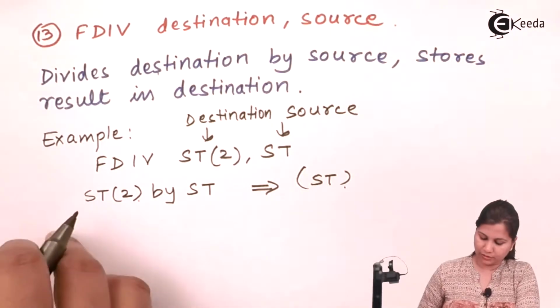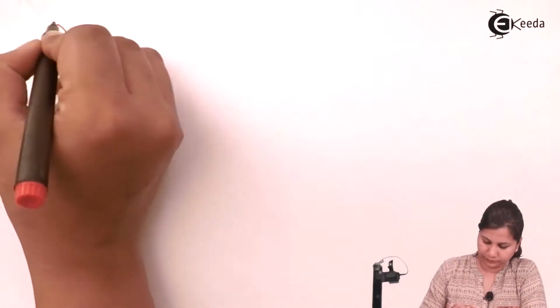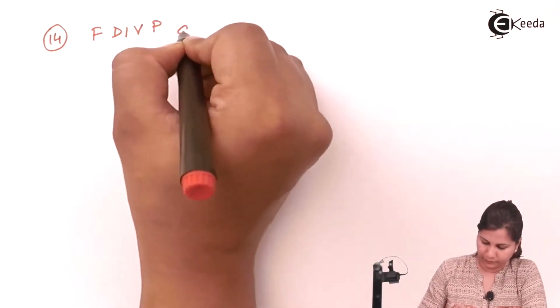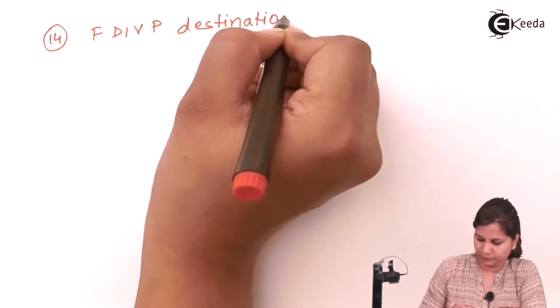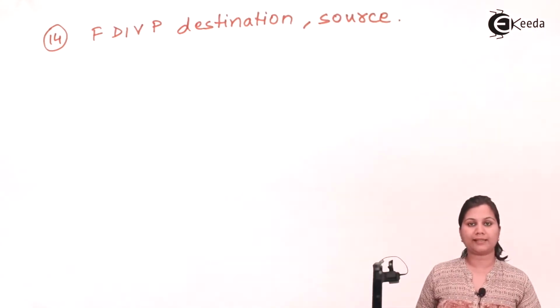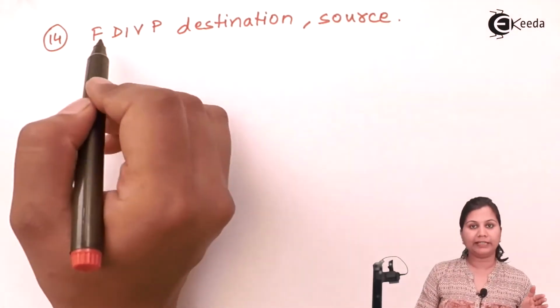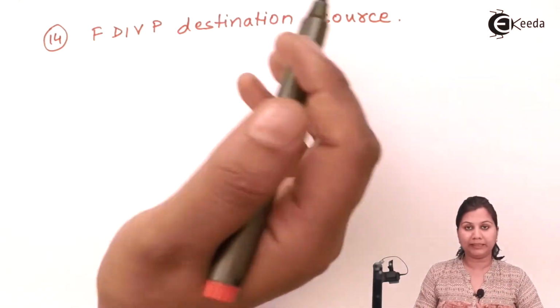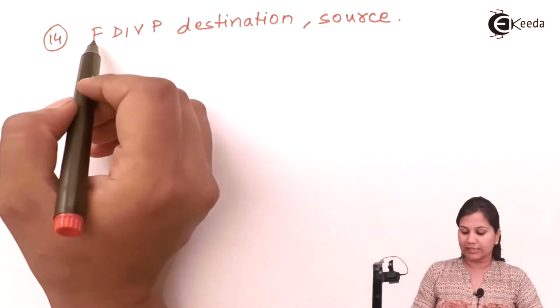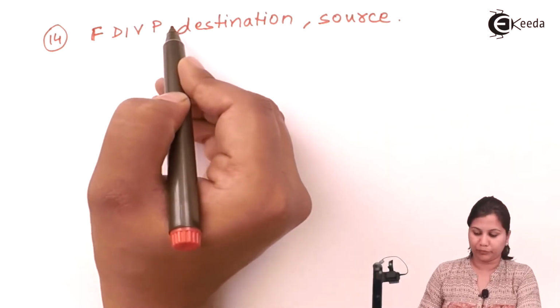Next division instruction is, just like for addition, subtraction and multiplication, where we had FADDP, FSUBP, FMULP, here also we have FDIVP.